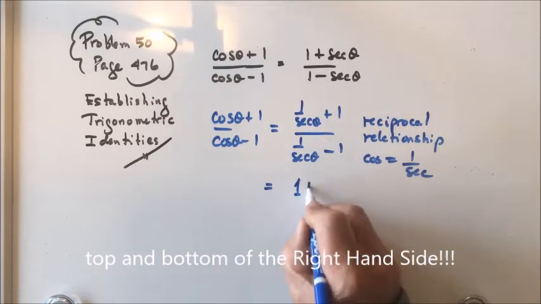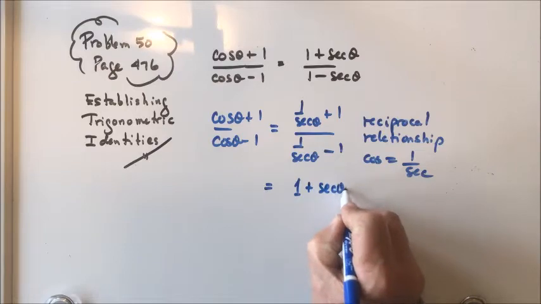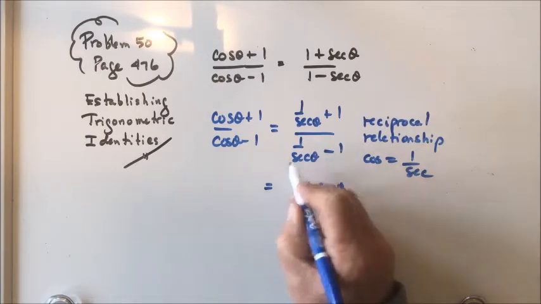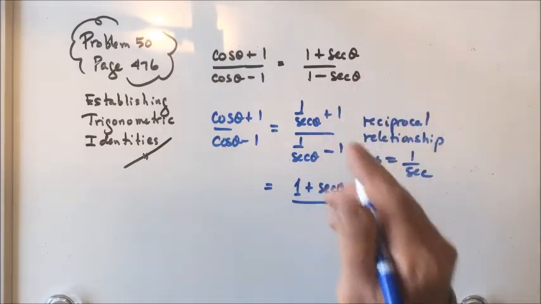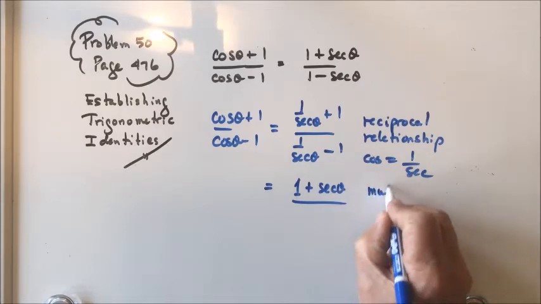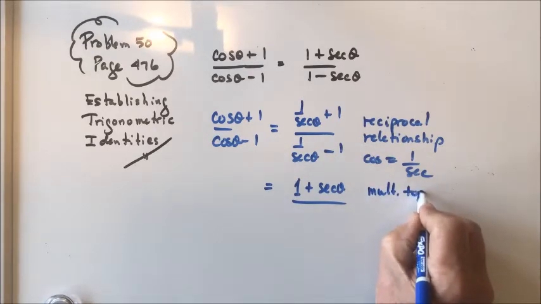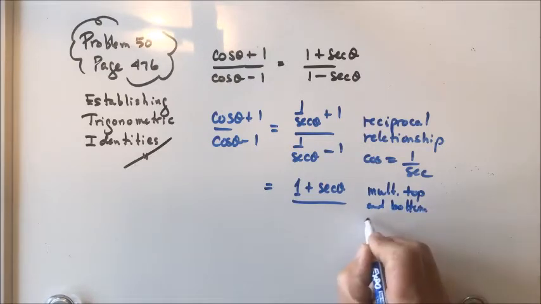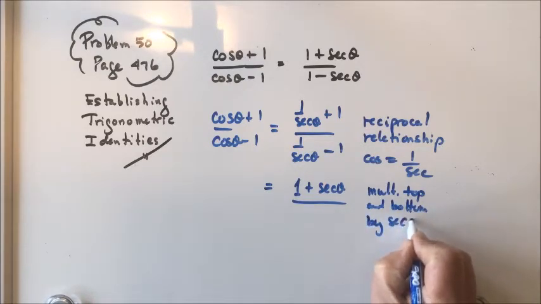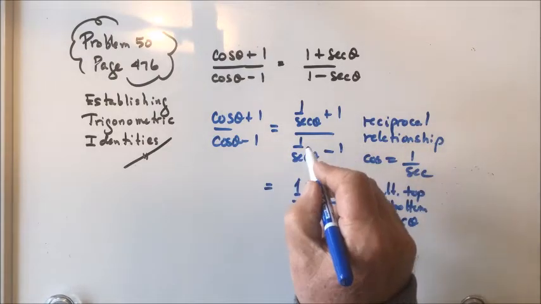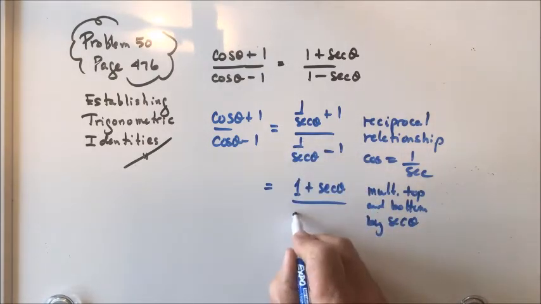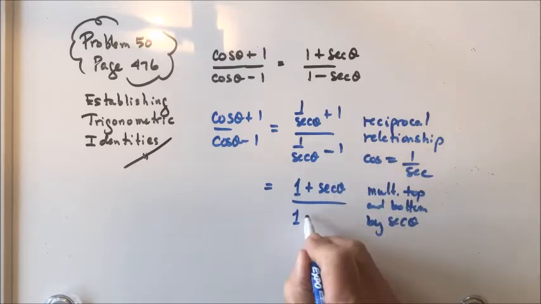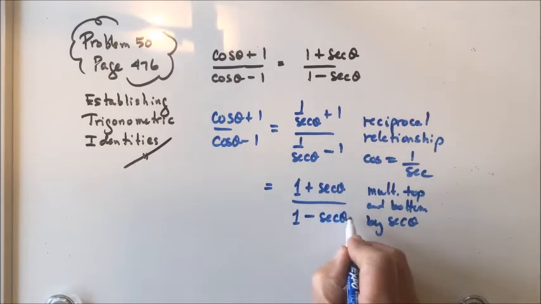The secant times 1 is the secant of theta, and if I do it down here in the bottom, I just multiplied the top. So what I'm doing here is multiplying top and bottom by secant theta. Let me do the bottom now.